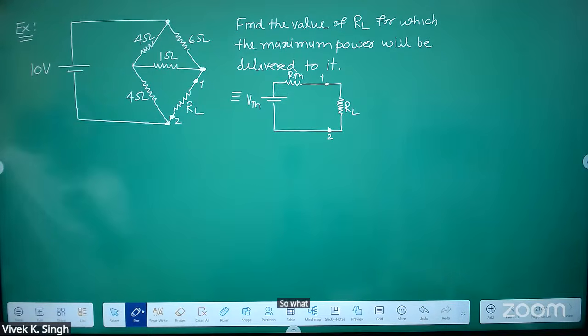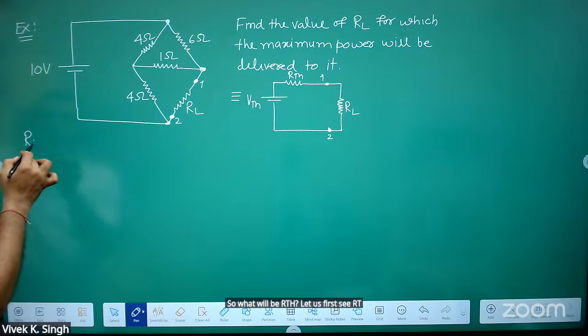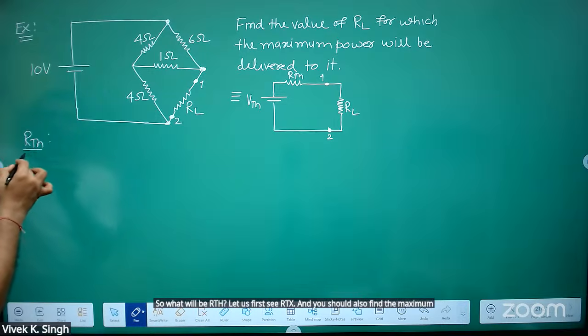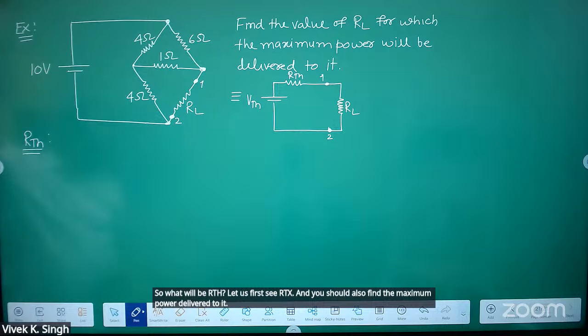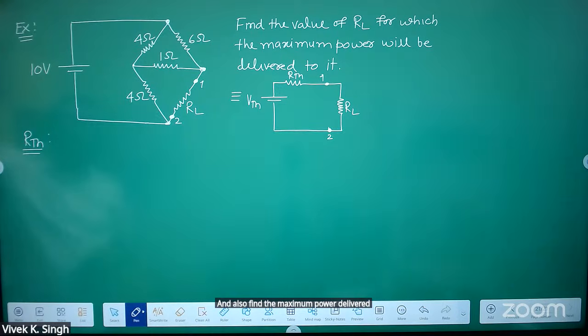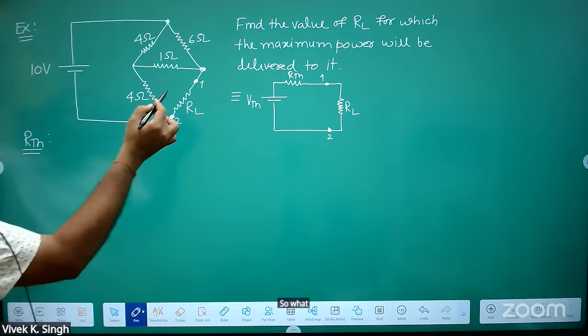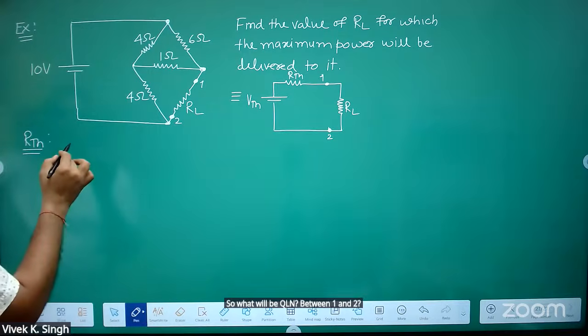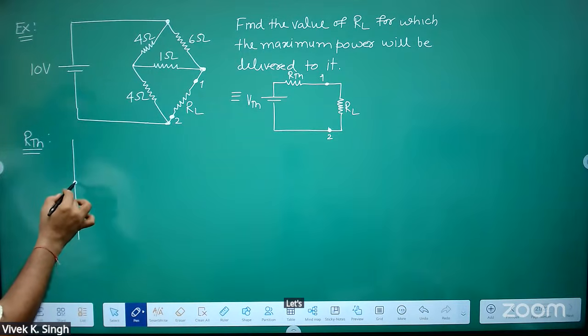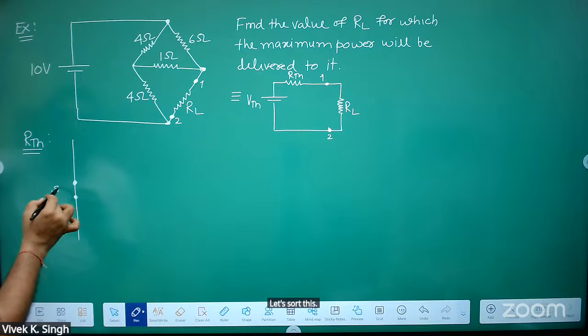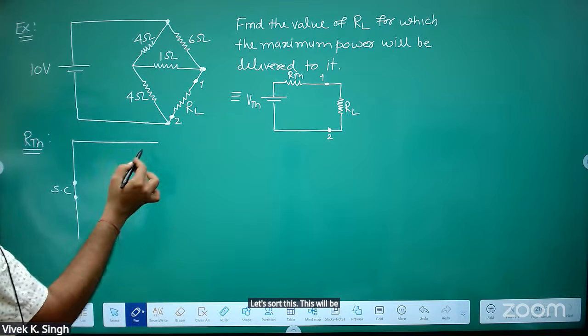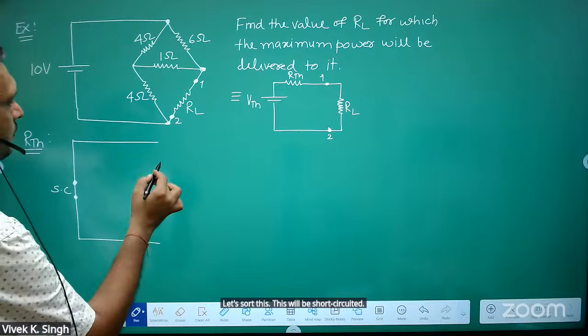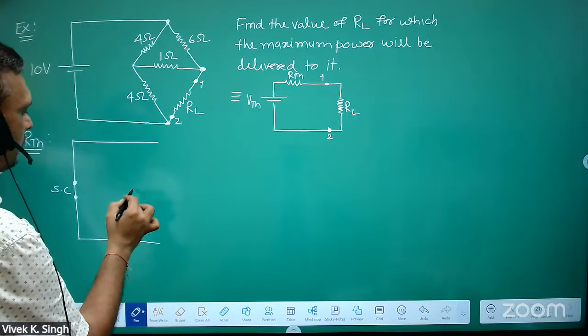So what will be RTH? Let us first see RTH. And you should also find the maximum power delivered to the load. So what will be the equivalent between 1 and 2? This will be short circuited.